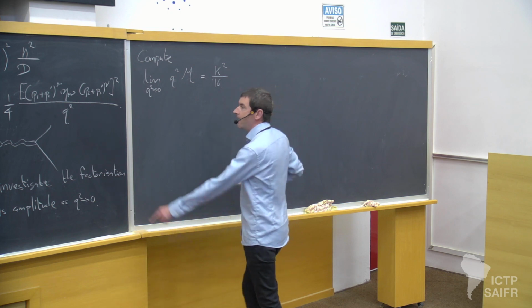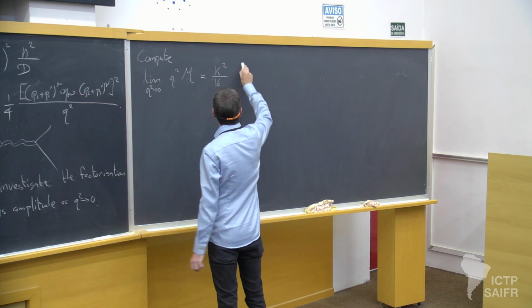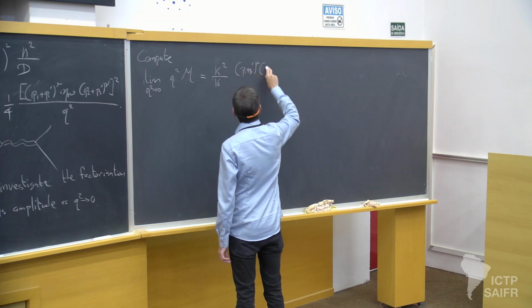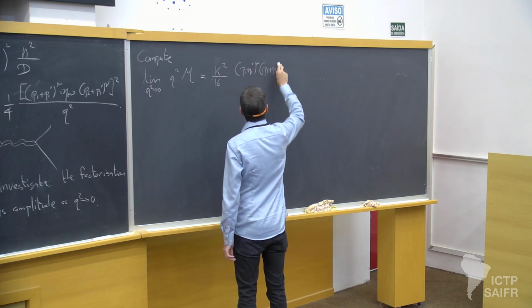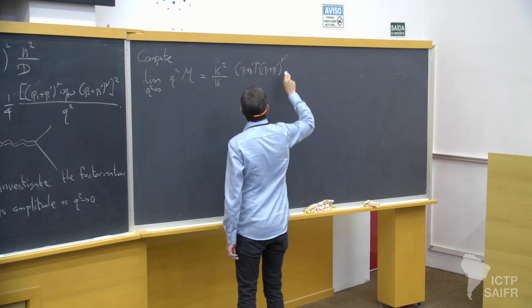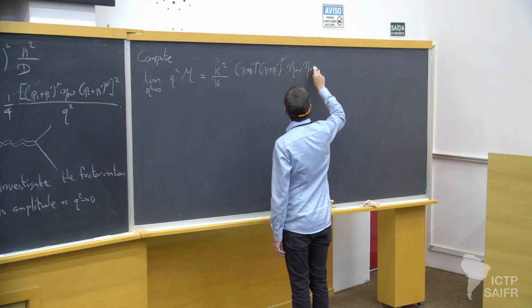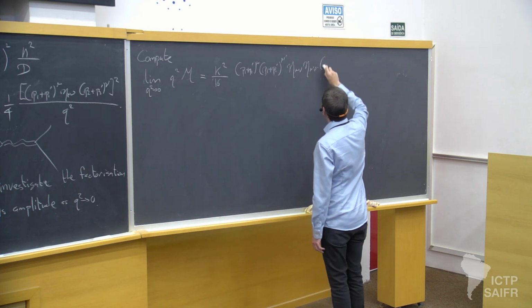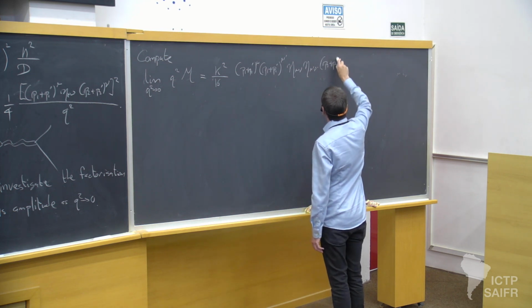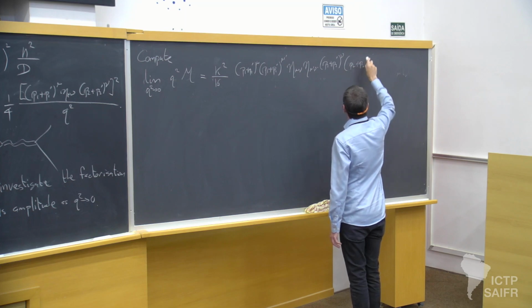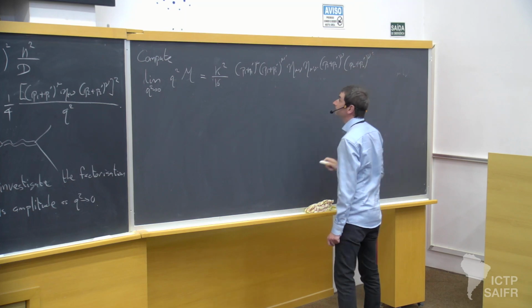Now I want to write this out as (p1 plus p1 prime) mu, (p1 plus p1 prime) another index, mu prime, eta mu nu, eta mu prime nu prime, (p2 plus p2 prime) nu, (p2 plus p2 prime) nu prime.